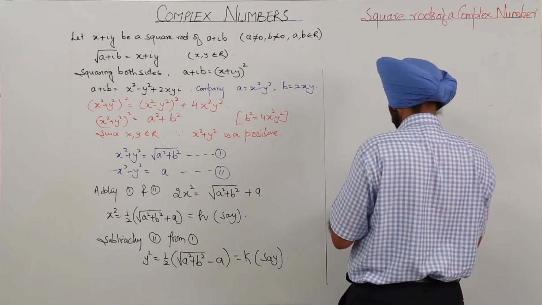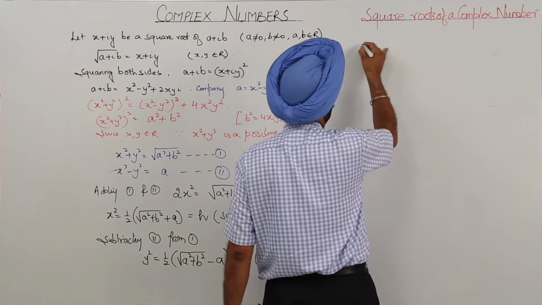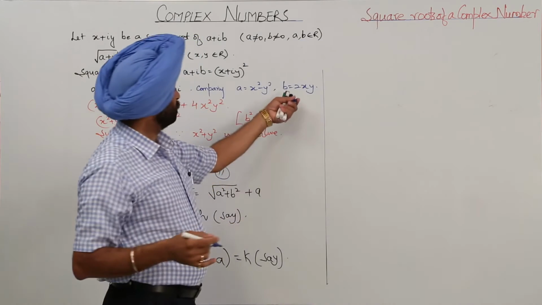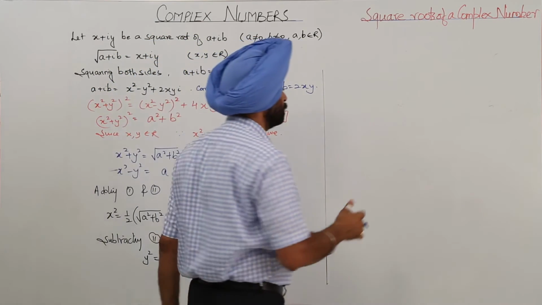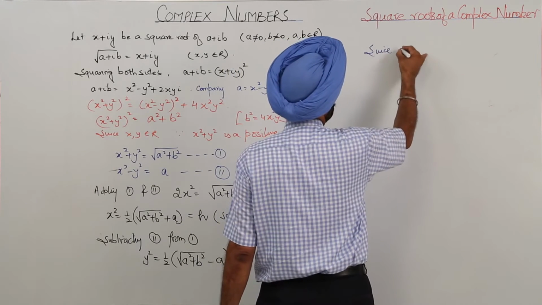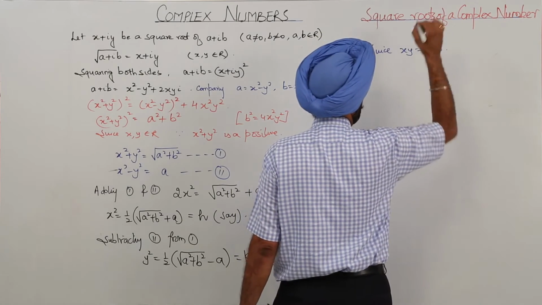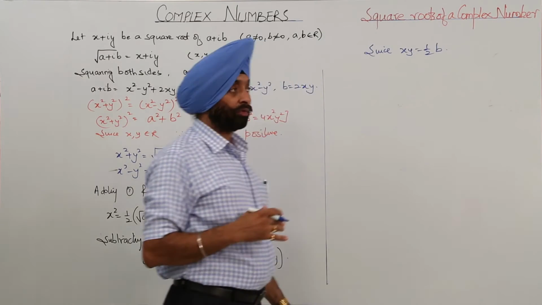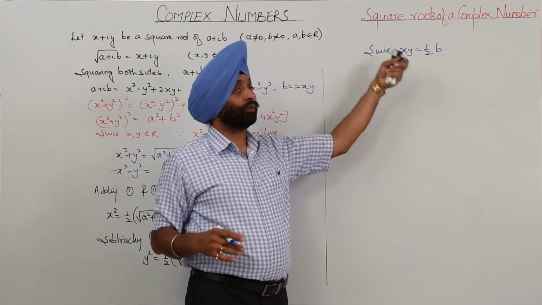Now, from this part, first of all we have to take what xy is. Since xy is equal to half b, before answering we have to check what the sign of xy or the sign of b is.